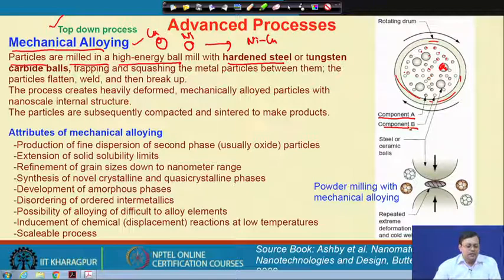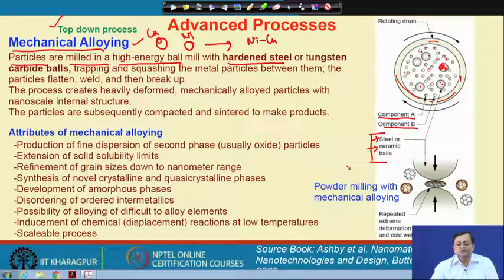Now, this process itself has many different parameters to control. The grinding medium, like the balls, could be made out of steel, or we can also use some ceramic balls.